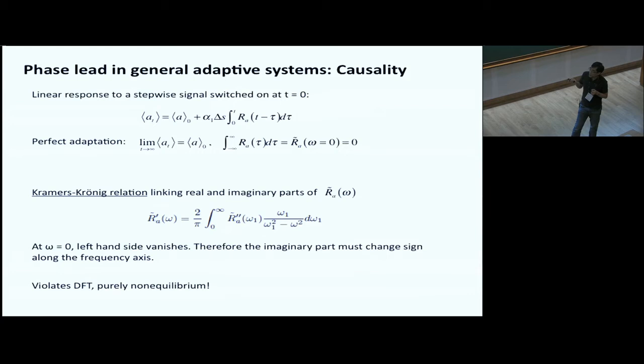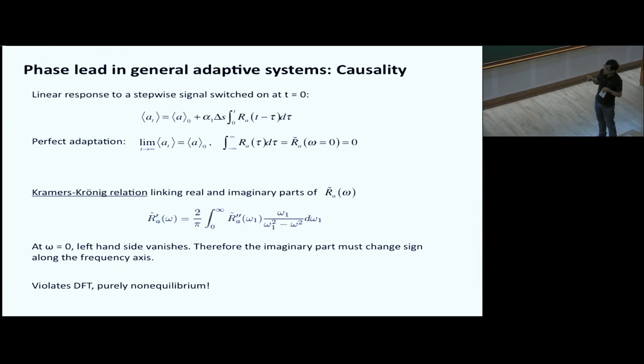That means this can only happen if the integral vanishes. And the integral can be identified with the omega equal to 0 component of the Fourier transform of this function. So for perfect adaptation, the response function in frequency at omega going to 0 must vanish.